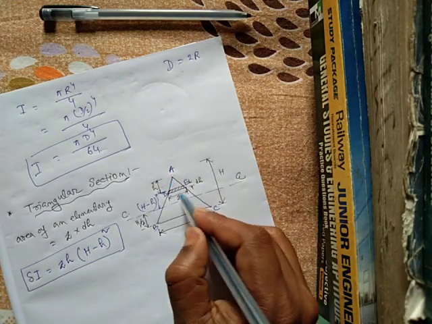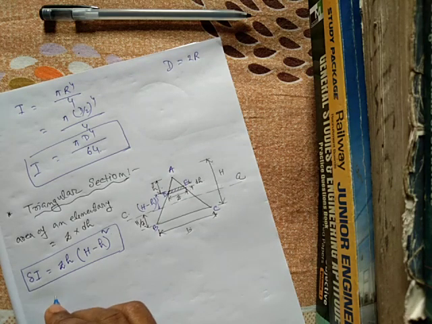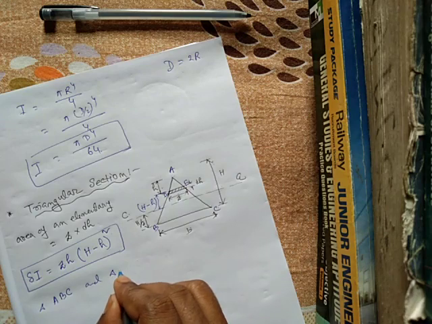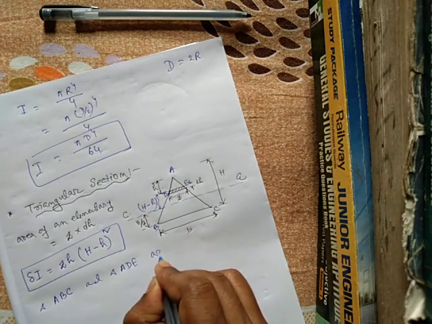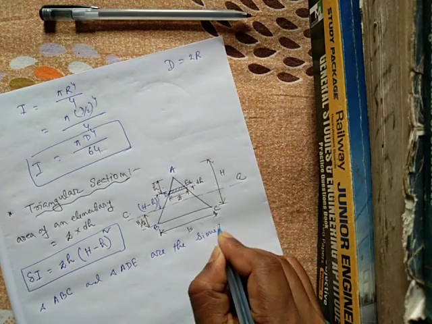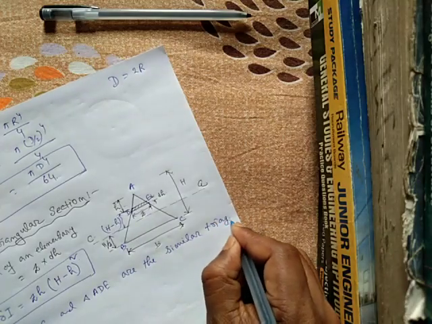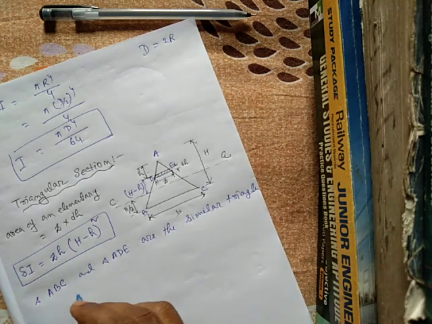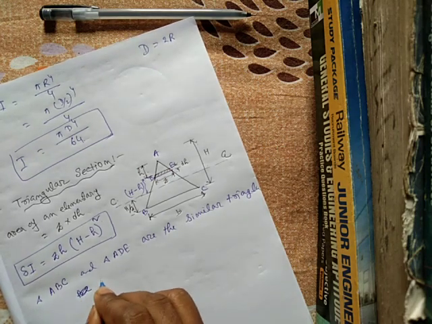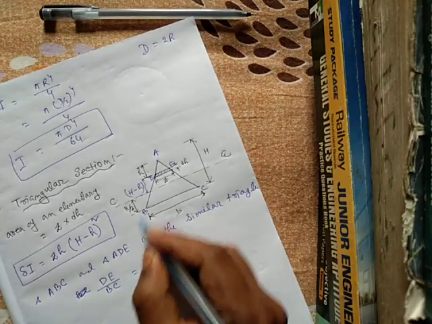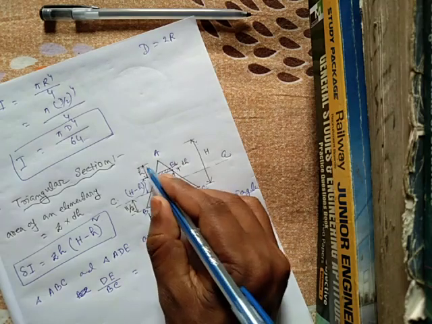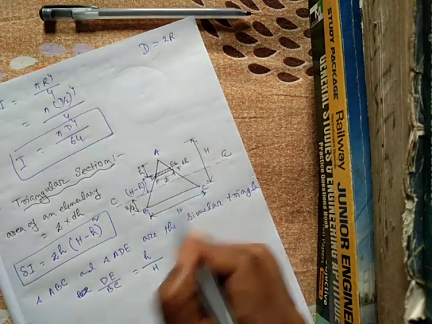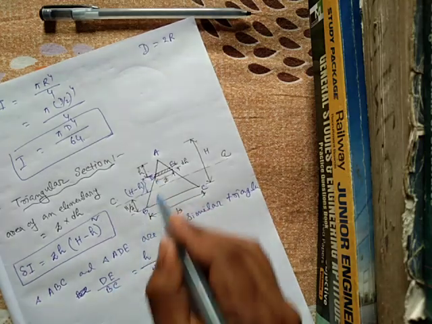These are similar triangles, ABC and ADE. By the theory of similar triangles, DE divided by BC equals the height h divided by capital H. BC is equal to small b, and DE is equal to z.